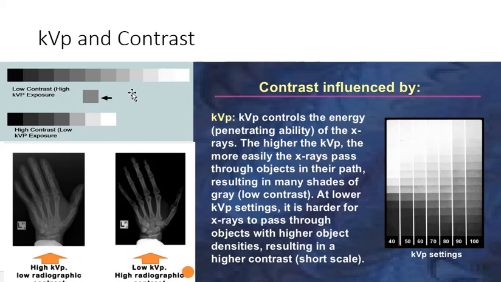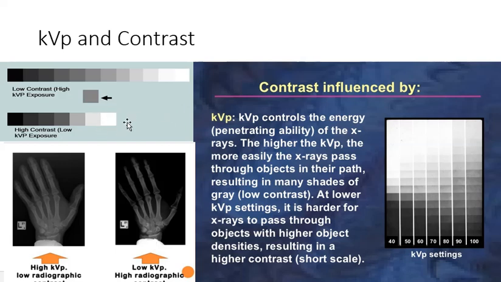As opposed to a higher kVp, where you can barely make out the difference between these two, but it's there. And these two are very similar, but they're obviously different. So we've got 1, 2, 3, 4, 5, 6, 7, 8, 9, 10, 11, 12. So we've got a wider range of contrast because of the higher kVp. We penetrated through more of the step wedge than we would have otherwise at lower kVp.